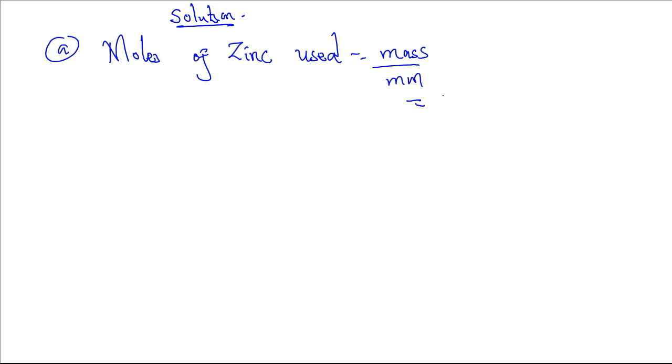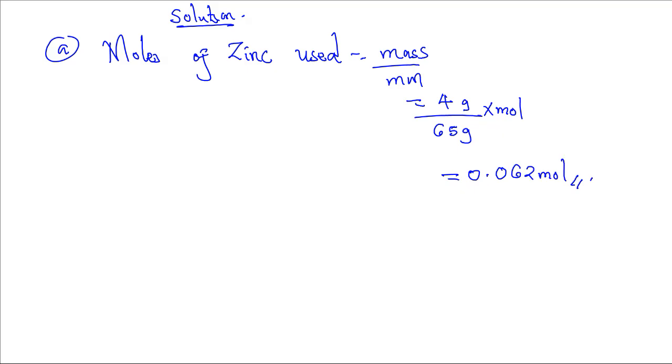So that is a mass of 4 that was used, divided by 65 grams per mole. That is 0.062 moles. So that is the moles of zinc that is used.